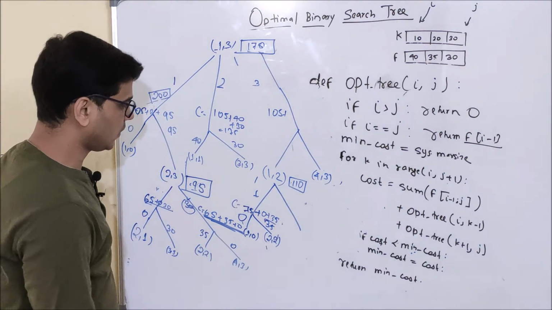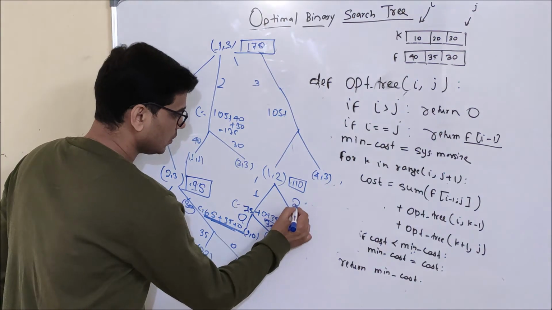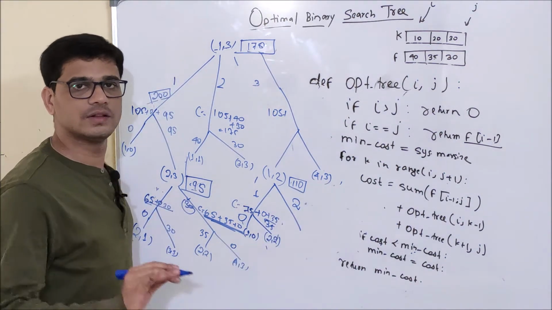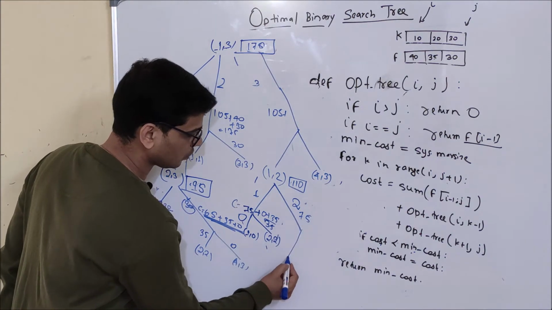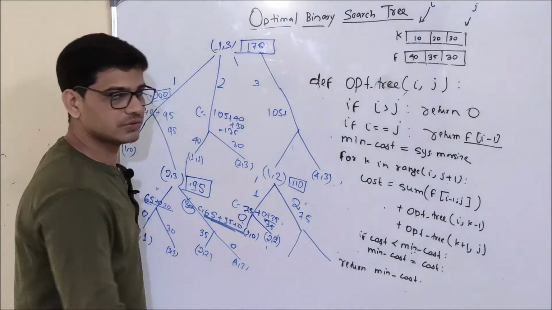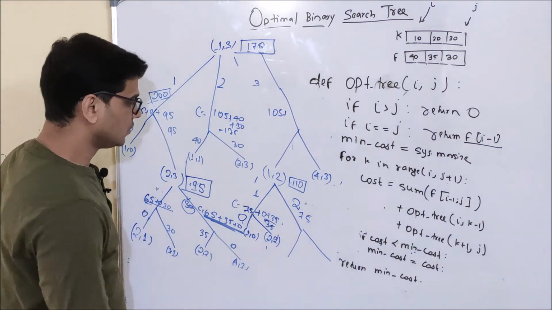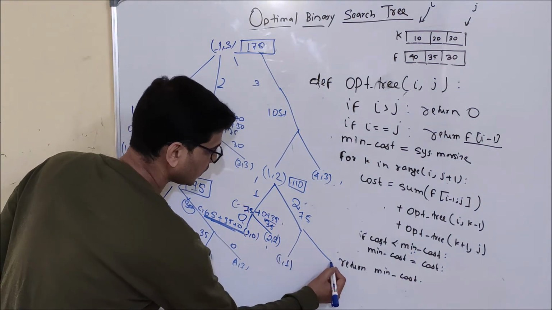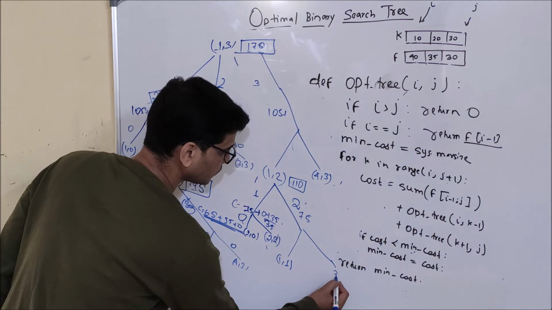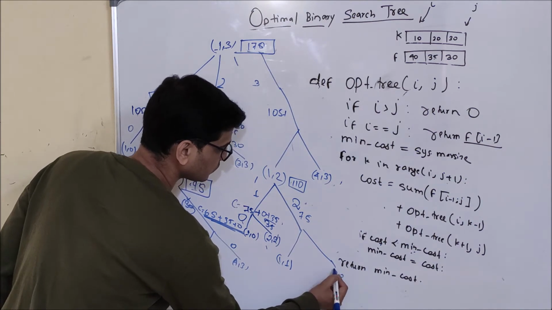Correct? Now what will happen? 2 will be tried as a root. So 75 plus cost of left subtree, cost of right subtree. So in left subtree I will have 1 1, and in right subtree I will have 3 2.